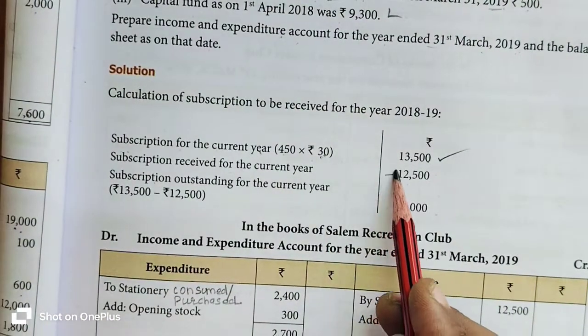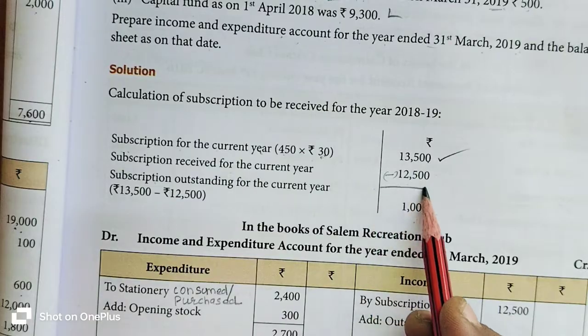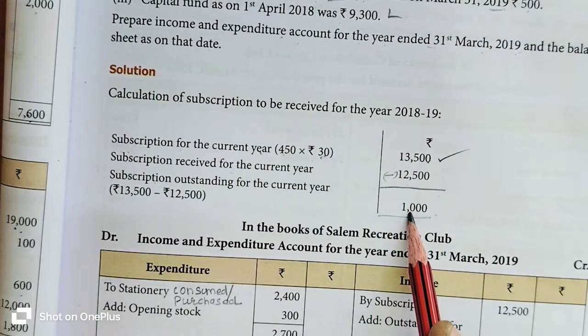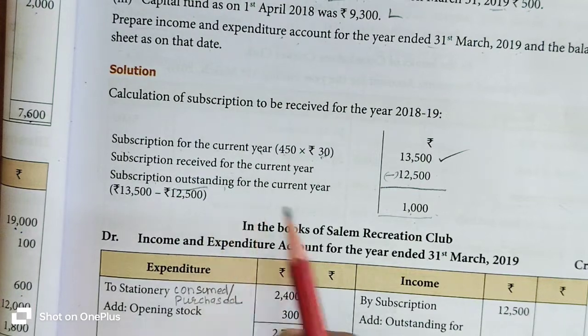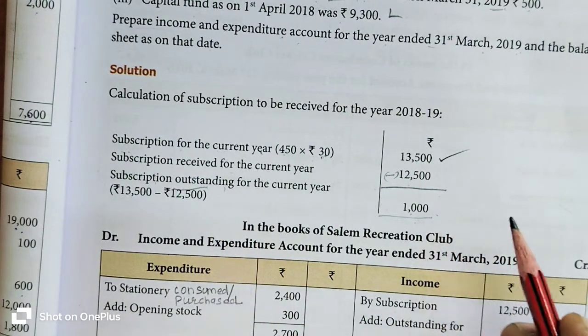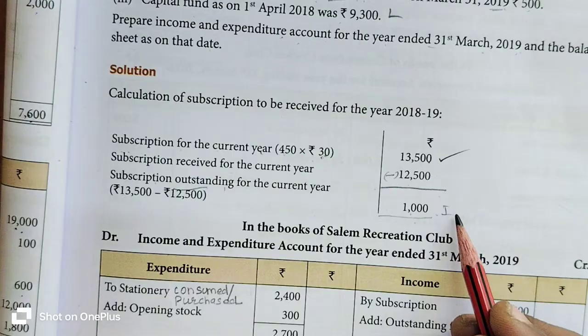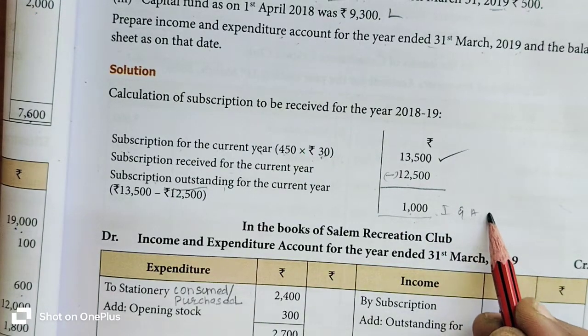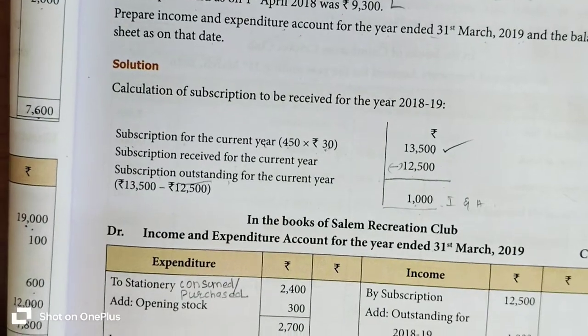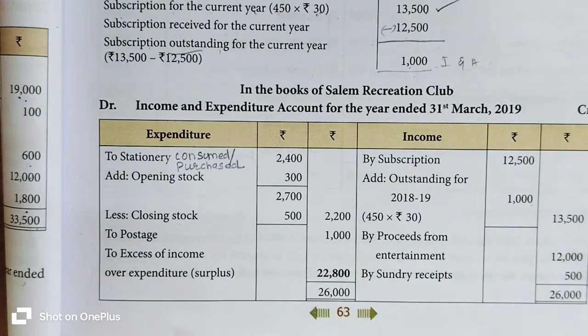Subtracting 12,500 from 13,500, you will get 1,000 rupees. This 1,000 rupees is the outstanding subscription. The outstanding subscription will be added to the income, and it goes to the asset side of the balance sheet. Now we are going to prepare the income and expenditure account.